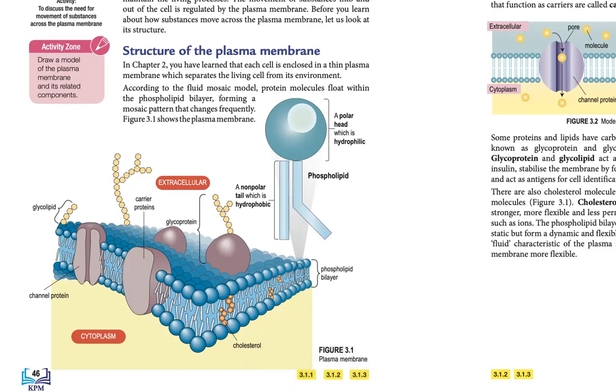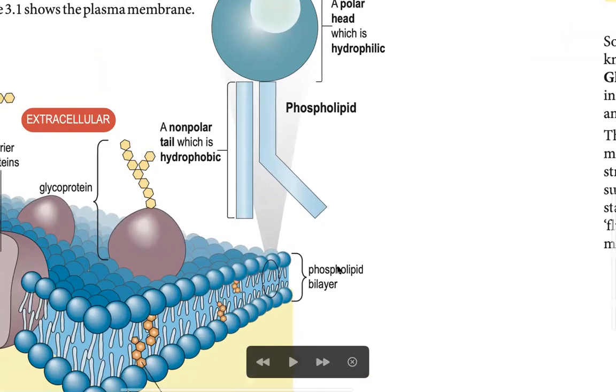So basically this is how plasma membrane looks like. If you see here, plasma membrane is made up of two things. The first one is phospholipid bilayer here.